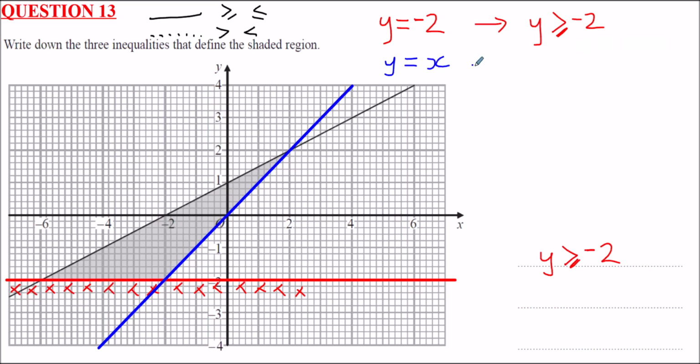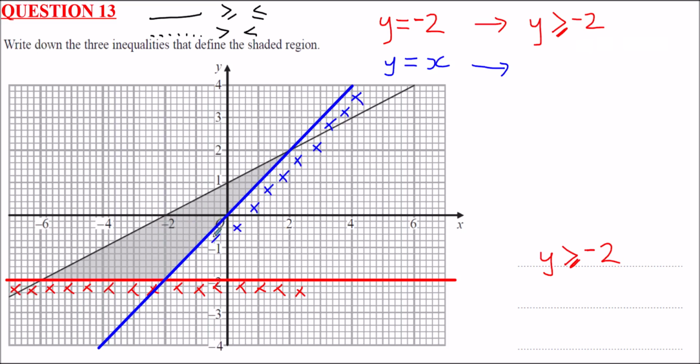However, because we're talking about inequalities, of course, just like the red line before it, we need to replace the equals with an inequality symbol. Again, it was a filled-in line, so it's going to have one of these symbols like this. Now, which side of the blue line is our region in? Well, it's not on the lower side of this. It's not where y is less than x.